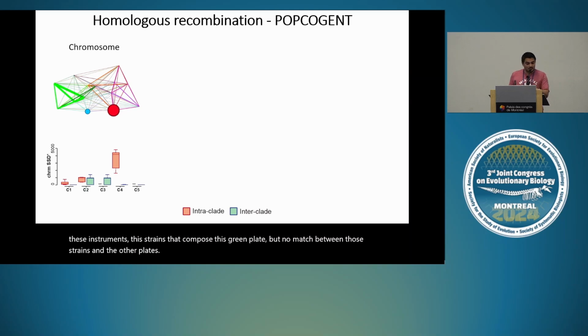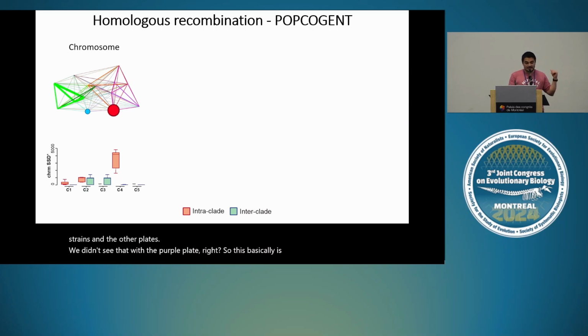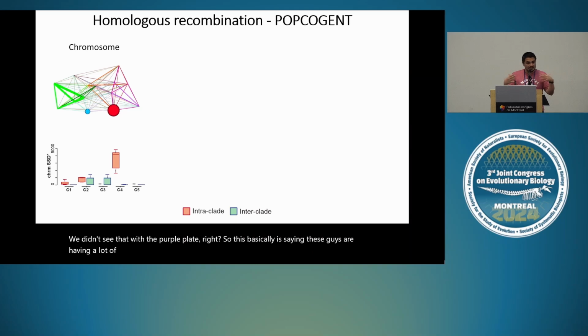We didn't see that with the purple clade, right? So this is basically saying the green clade has a lot of recombination with an internal source, while the purple clade is more about recombination with external sources and not much with internal sources.